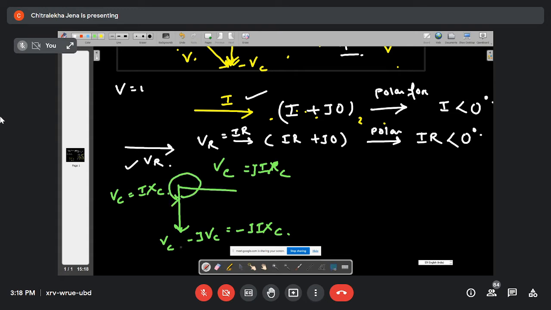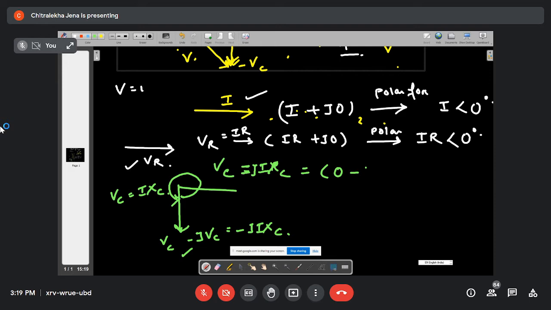So I have to multiply by minus J. Understood or not? Respond, all of you. So this will be equal to 0 minus how much?